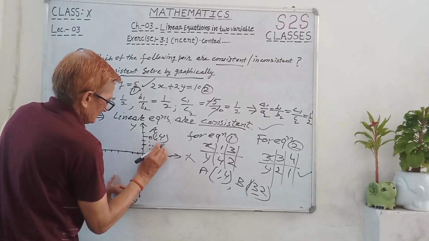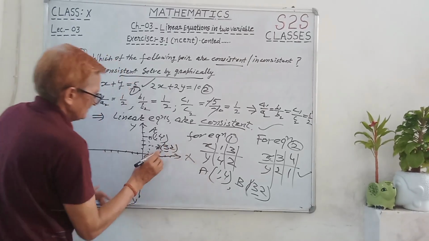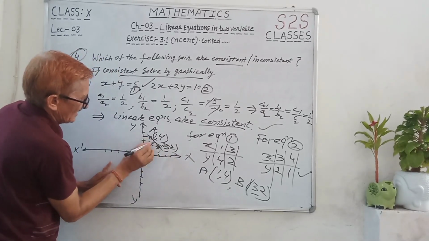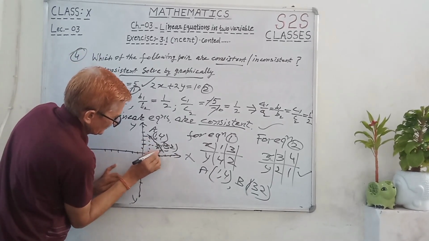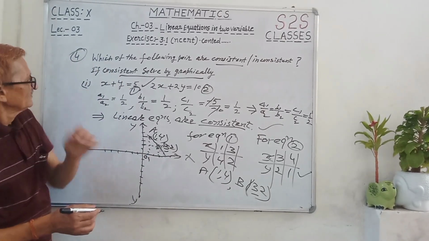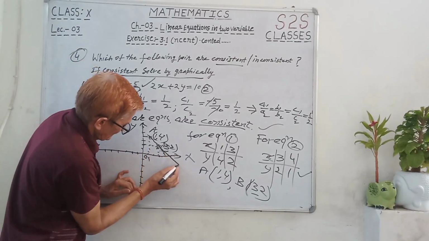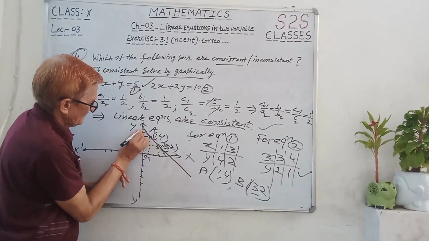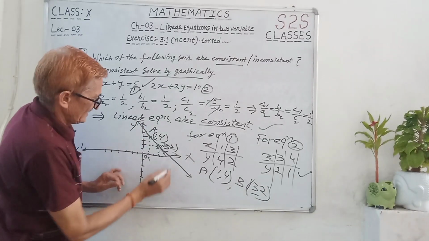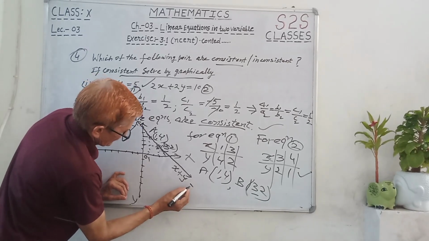Here, this is (3, 2). So these are the 2 points. Join both with the help of scale and produce. Mark the arrow on both sides and write the equation along this line: x plus y is equal to 5.